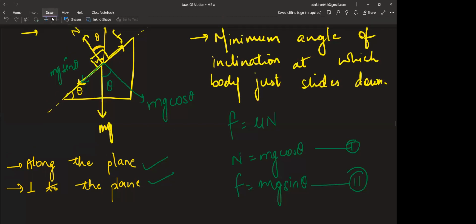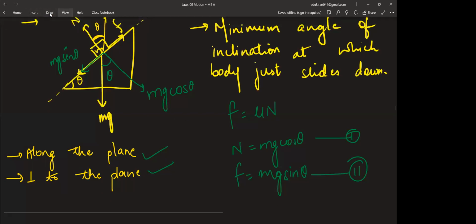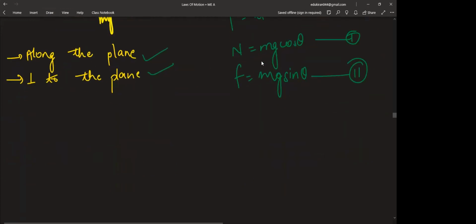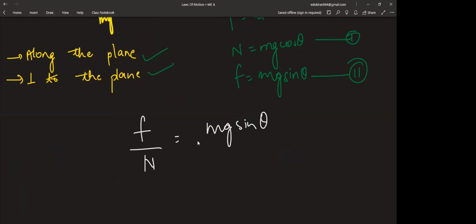Now let's put the values in here. Let's divide these two. So f by n is mg sin theta divided by mg cos theta. Mg got cancelled.